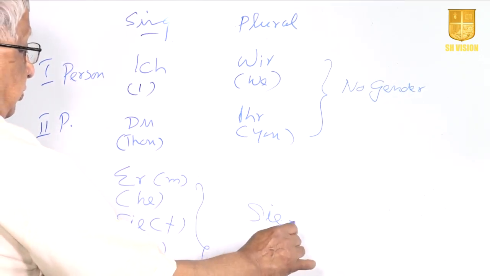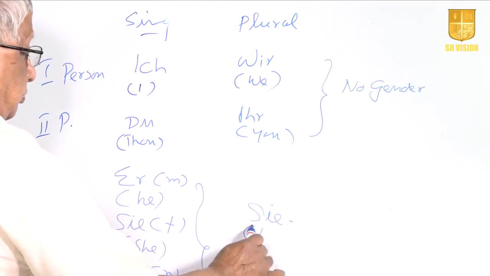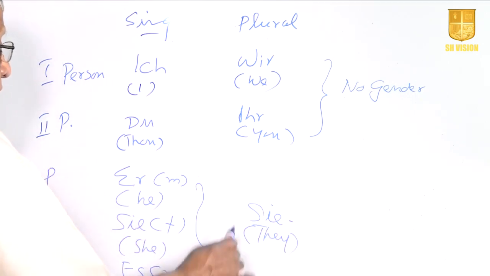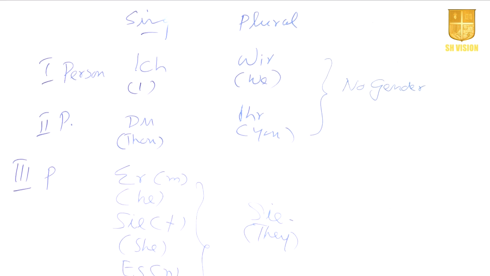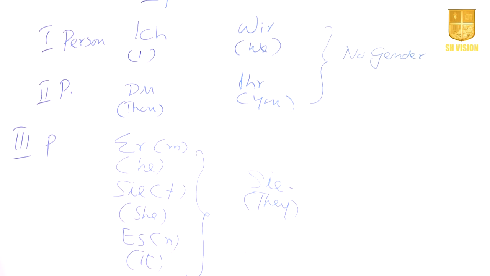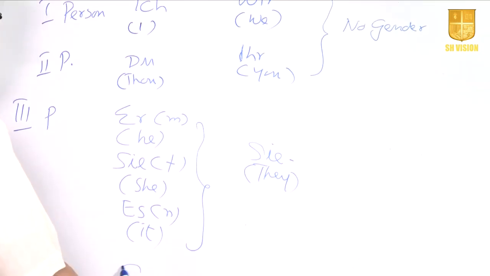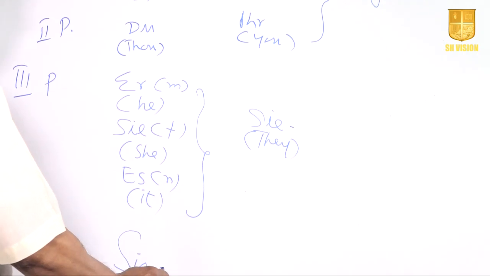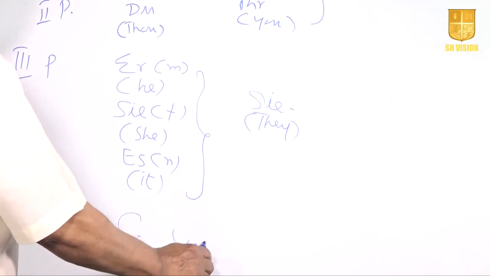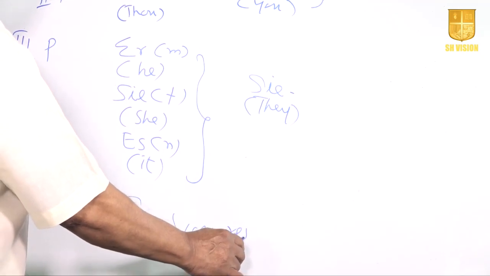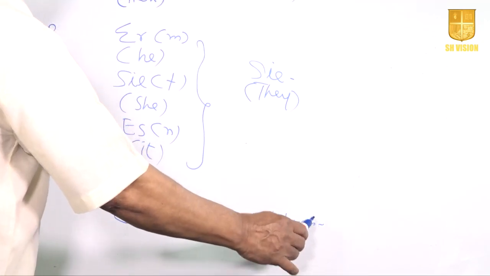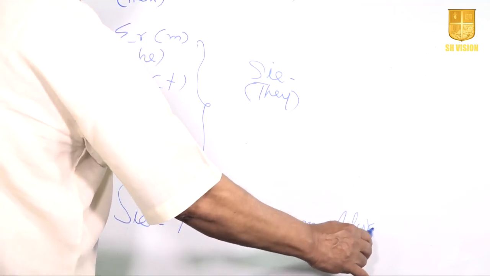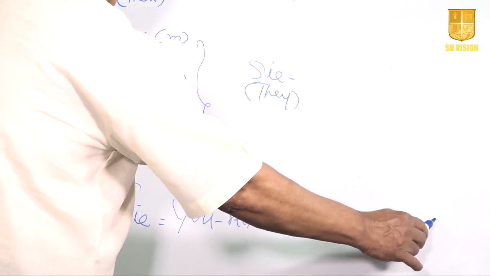They. Sie, that is a small letter. Then as we said, there is another Sie in capital letter, which is the respect form of you, always in capital letter.